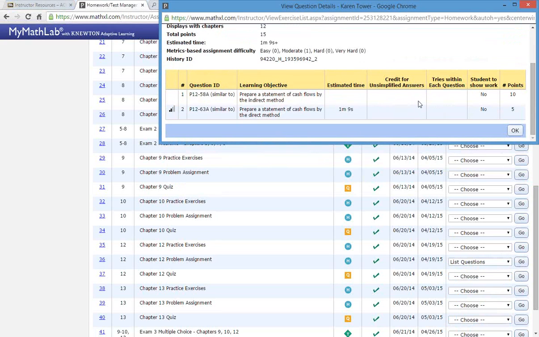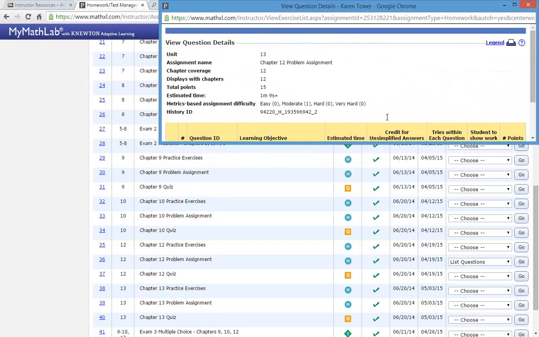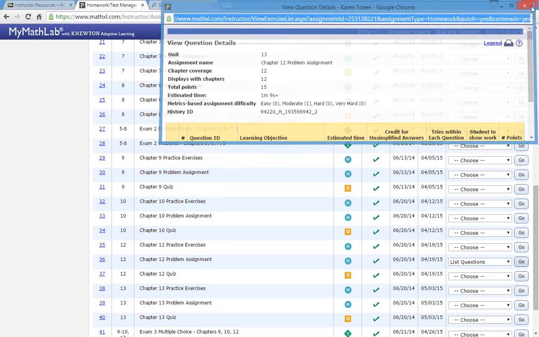For the homework assignment itself, you do 2 problems, one that is direct method and one that is indirect method. So you would look at 2 separate problems, one of each type.